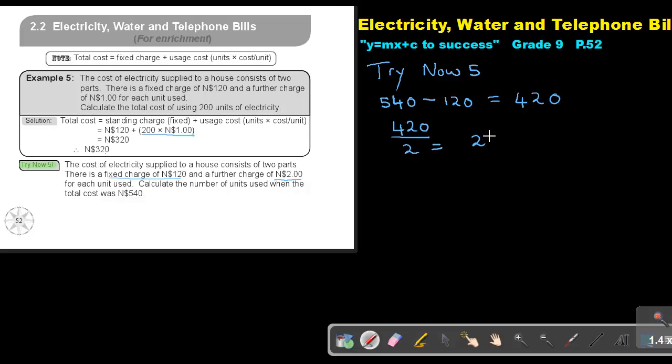So it's 210. So the number of units used is 210, and that's my final answer.